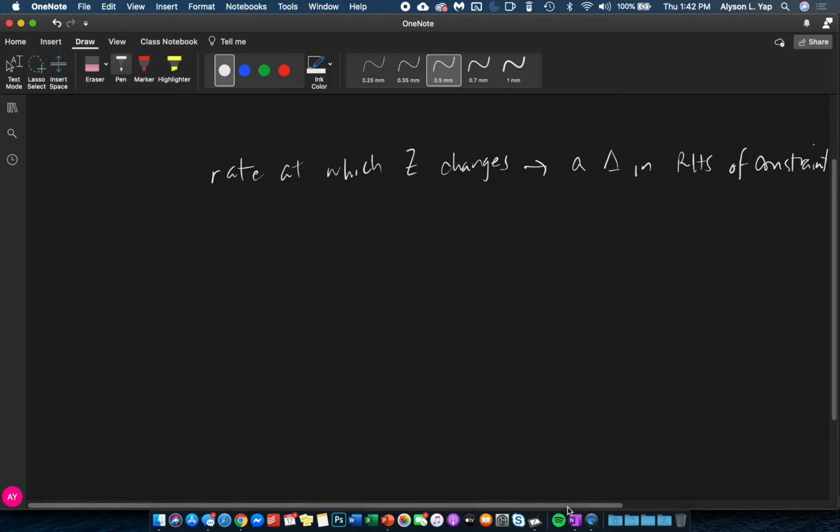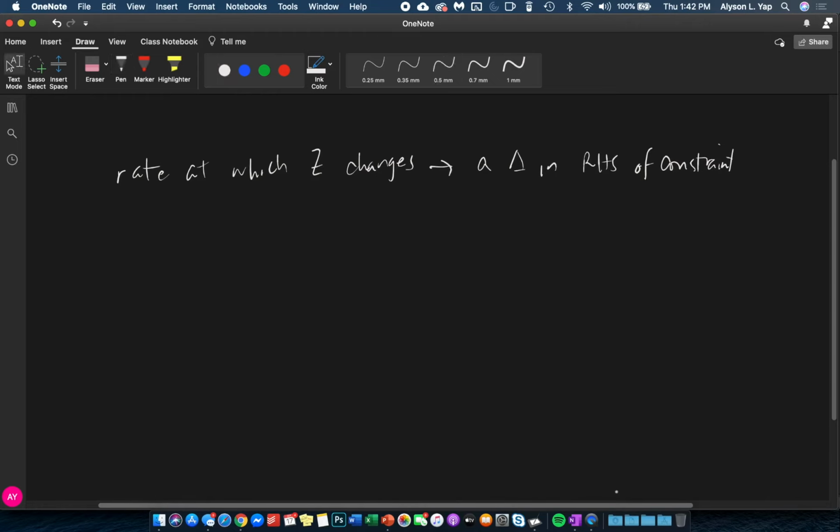And if you notice, this definition should be quite familiar to us. Why? Because we've been discussing this in our previous lesson. This is actually your change in z over change in, in this case, steel.